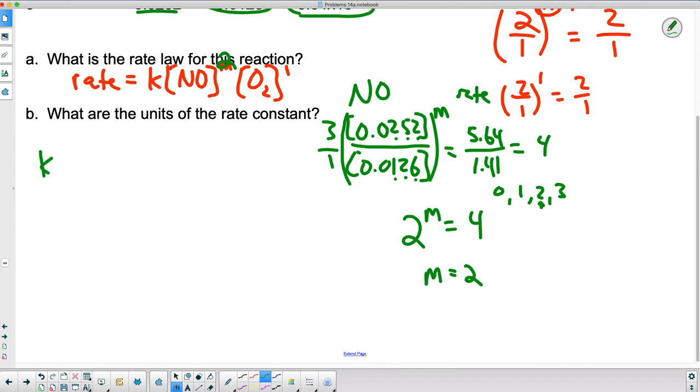That's easy. We should get used to writing this down because this is a very common question. So that's going to be the rate divided by NO squared O2 to the first.